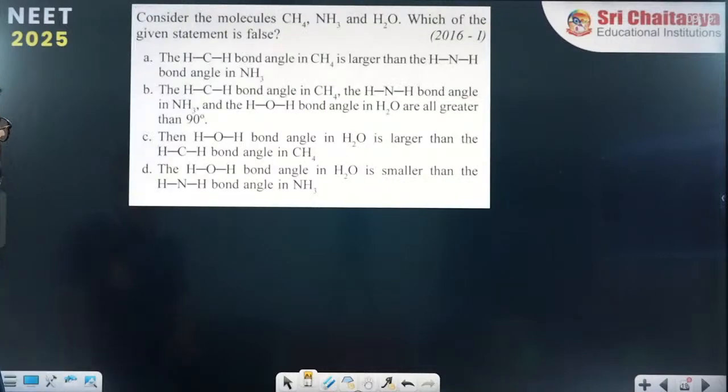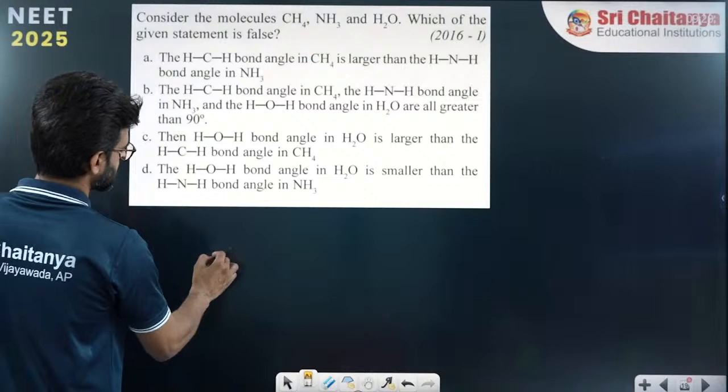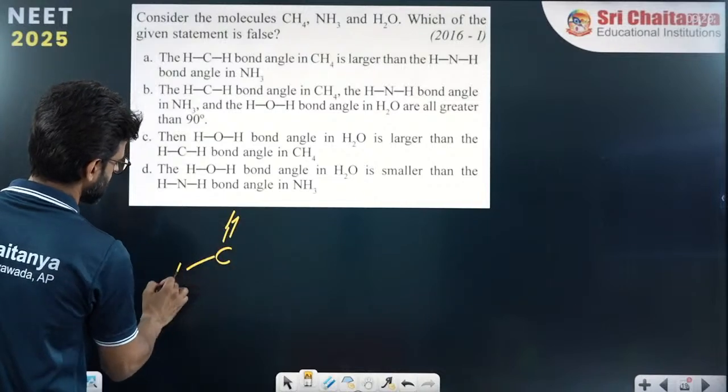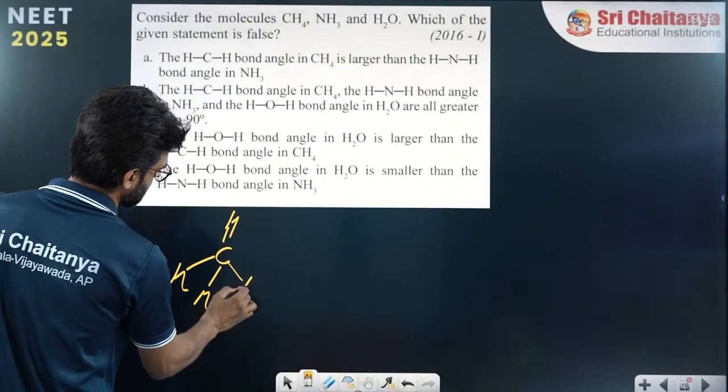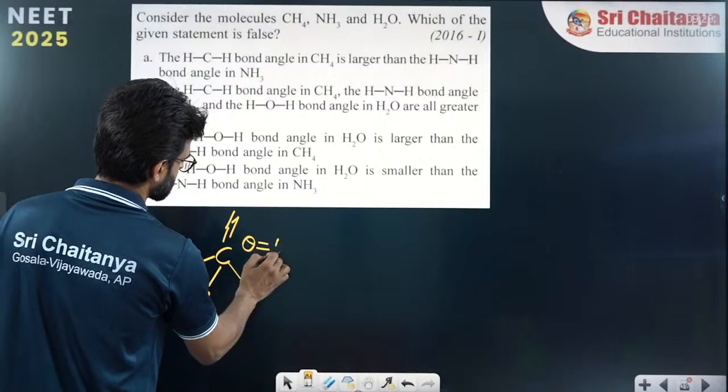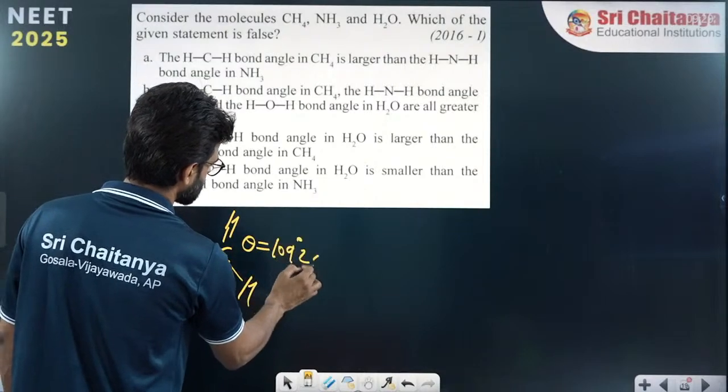Consider the molecules. Which among the following statements is false? Okay, let us see. If we look at this, CH4 is tetrahedral, and CH4 has a bond angle of how much? We know that 109 degree 28 minutes.